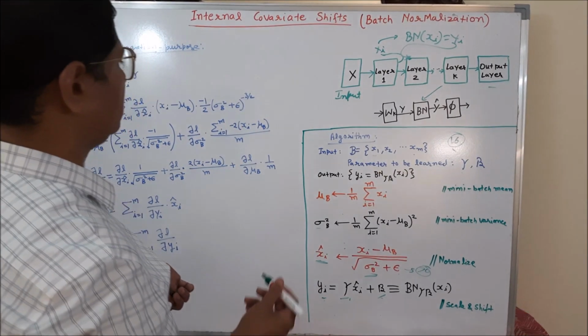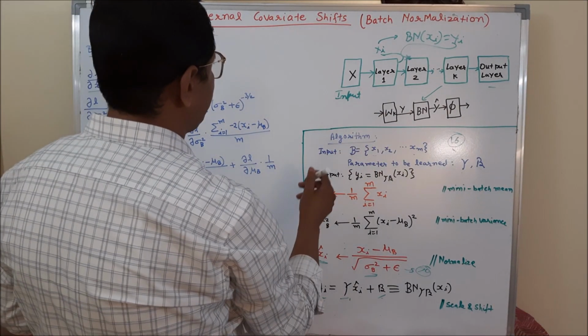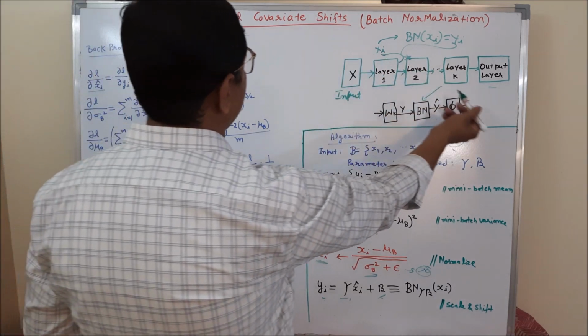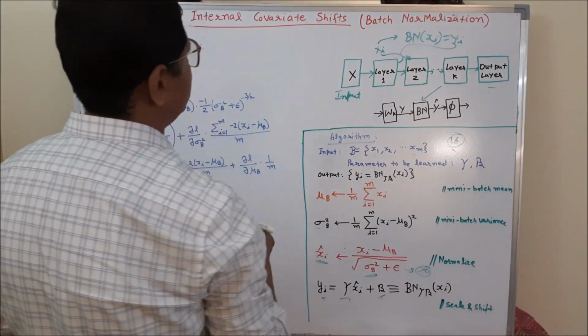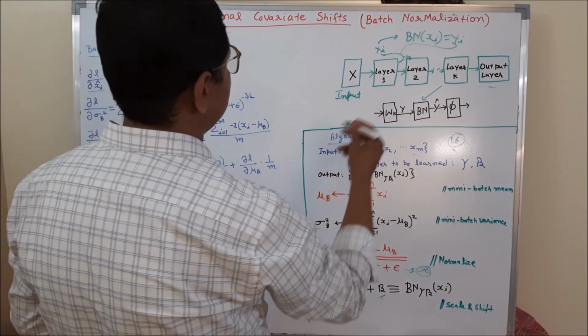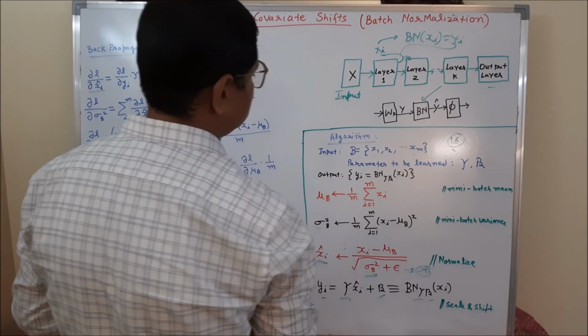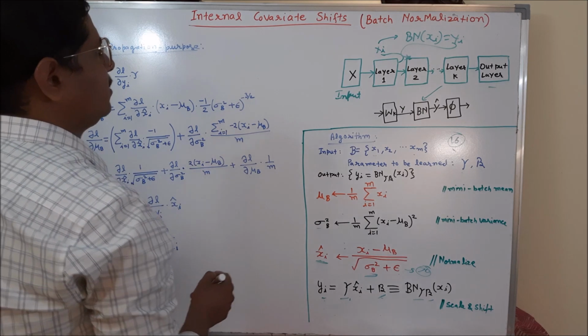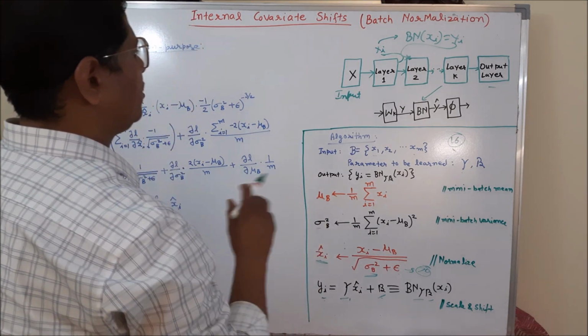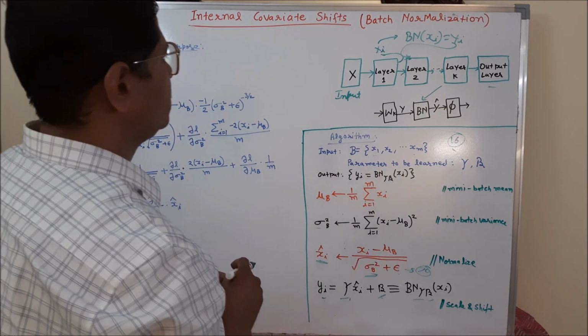Now with differentiability, it means that when the system backpropagates and learns the other network parameters, at the same time it will learn those parameters also, as part of the backpropagation.